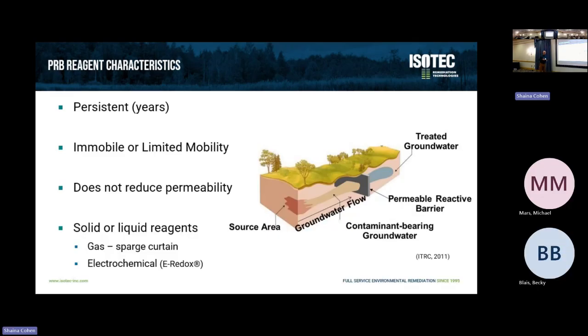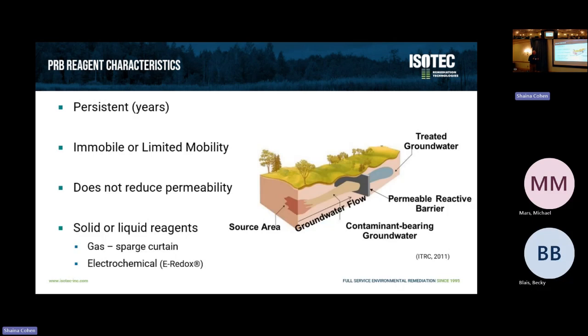Ideally, your reagents have very low mobility or are not mobile at all. If we place them here, we want them to stay here because this is where the barrier is. We don't want to inject something that migrates, so that after some period of time the reagents are over here. Now we've diluted our barrier, thinned our barrier, and reduced the lifetime of our barrier.